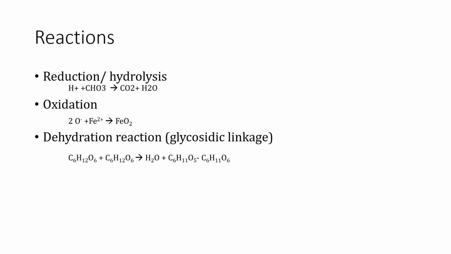Now there are different types of reactions. One of the reactions that a lot of times we talk about is a reduction reaction, then hydrolysis, and then we have oxidation. In hydrolysis, we're breaking using hydrogen.